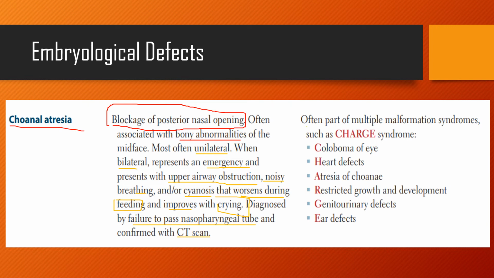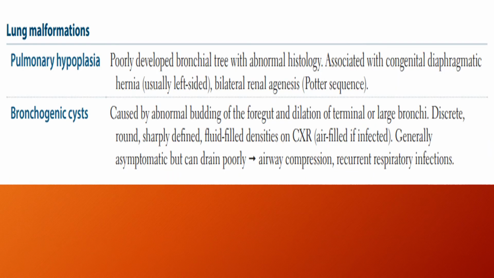It is often part of multiple malformation syndromes such as CHARGE syndrome, which includes coloboma of the eye, heart defects, atresia of the choanae, restricted growth and development, genitourinary defects, and ear defects. Lung malformations include pulmonary hypoplasia and bronchogenic cyst.